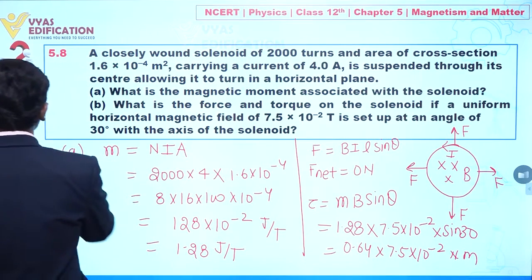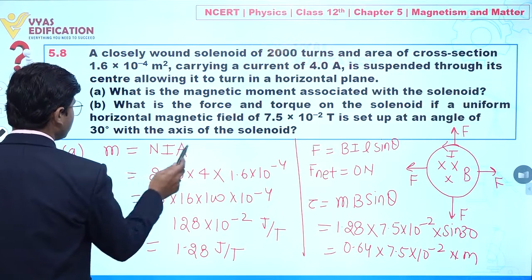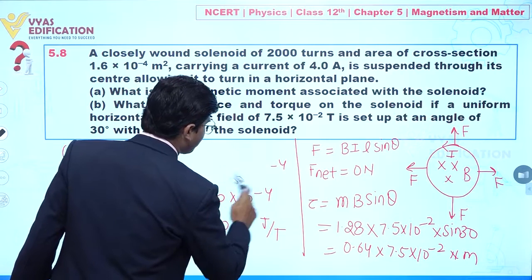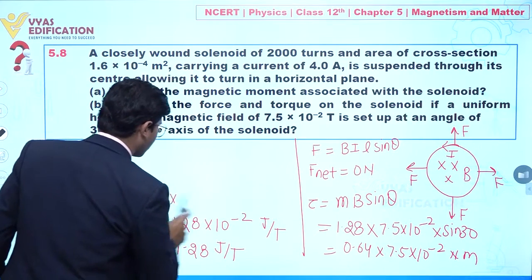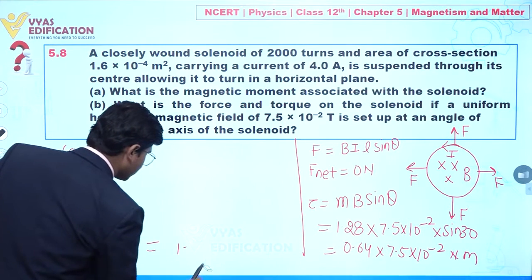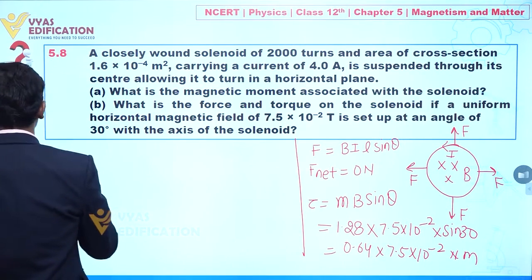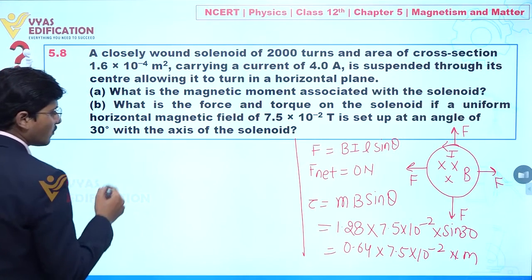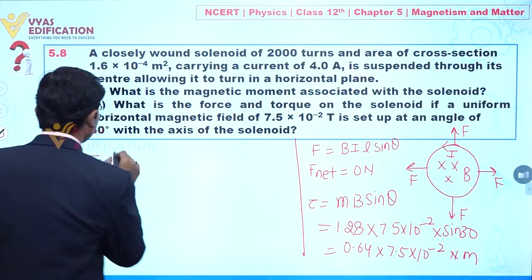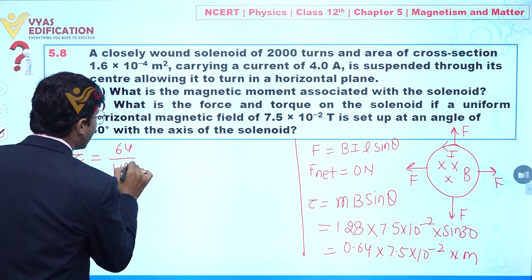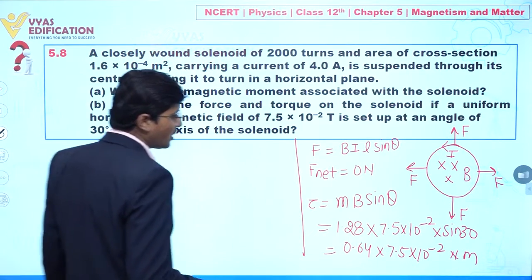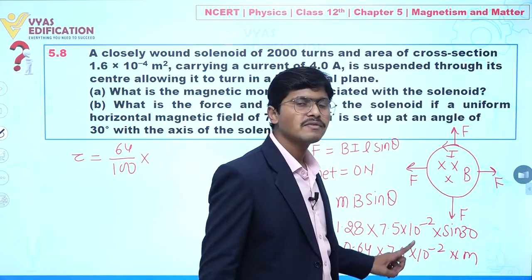Now we can simplify this expression. Yes, now we can simplify the value of torque, clear. So we can write this is 64 by 100 multiplied with 7.5, you can write like this, if you multiply it with 10 and divide with 10, clear.